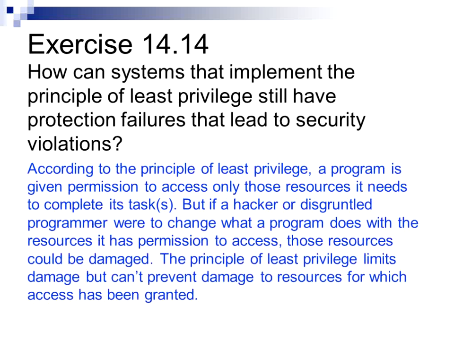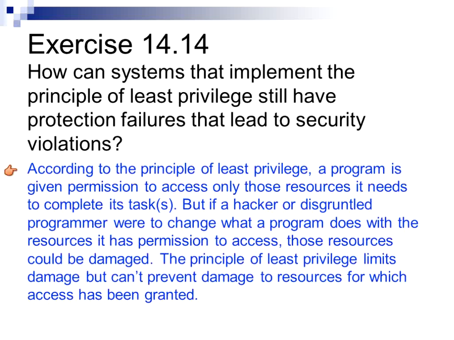Then let's go on to the next question: how can systems that implement the principle of least privilege still have protection failures that lead to security violations? Just a reminder, the principle of least privilege says that a program is given permission to access only those resources it needs to complete its tasks.